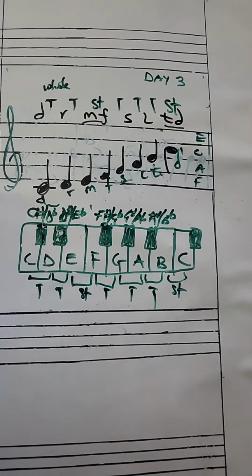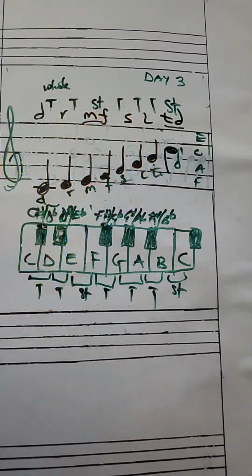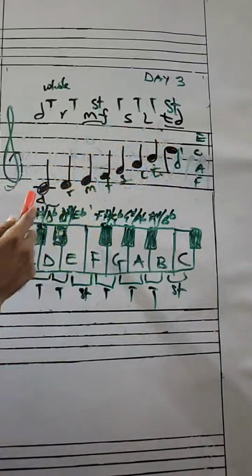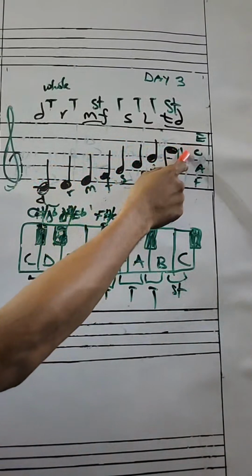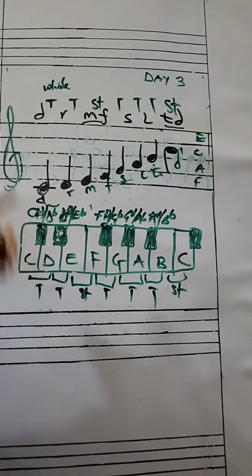Is that understood? So, do, re, mi, fa, sol, la, ti, do. But it's not really do, ti, la, sol, fa, mi, re, do. So from here now you can see that your C is here, and we also have the octave here, which is your do to do. That is the lower do to the higher do.